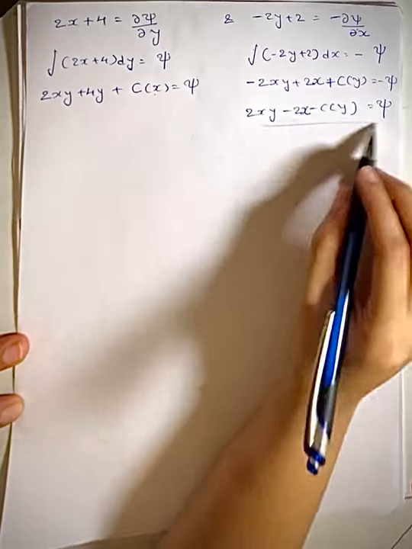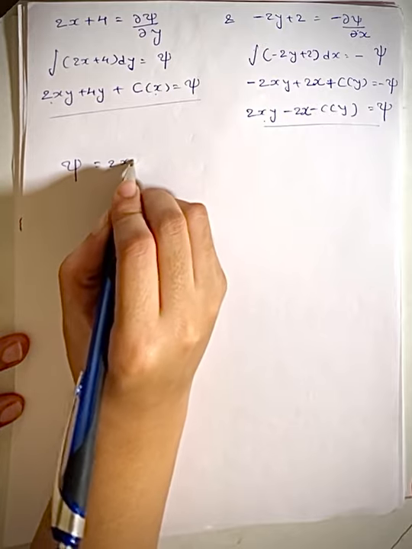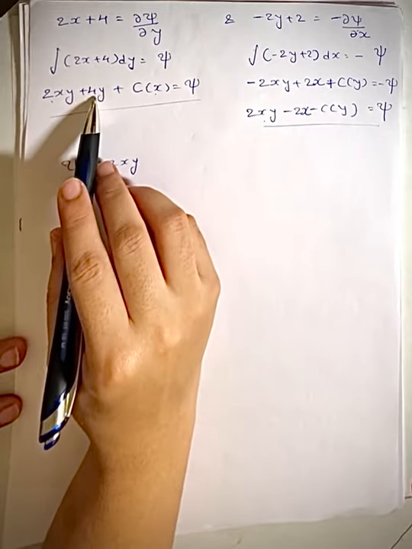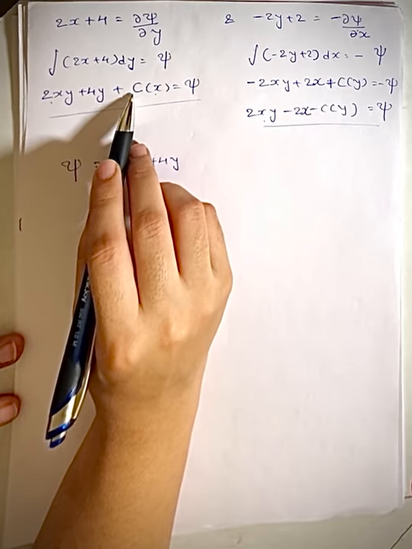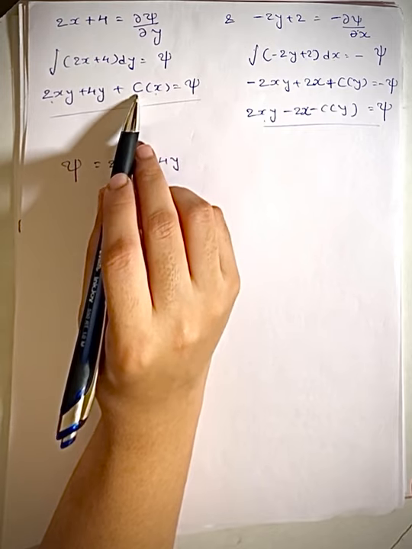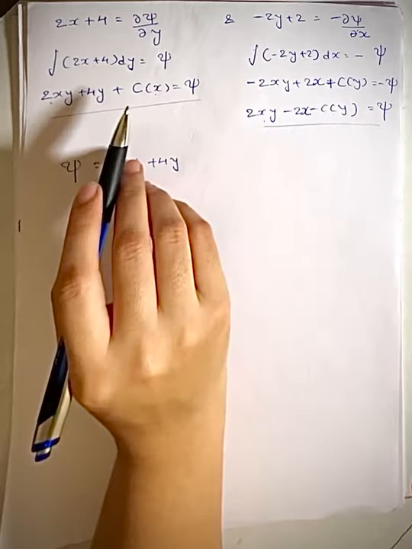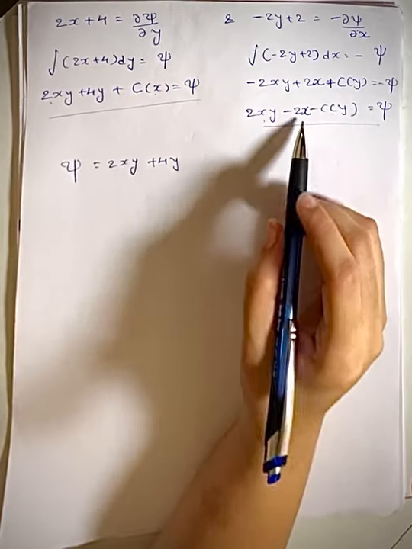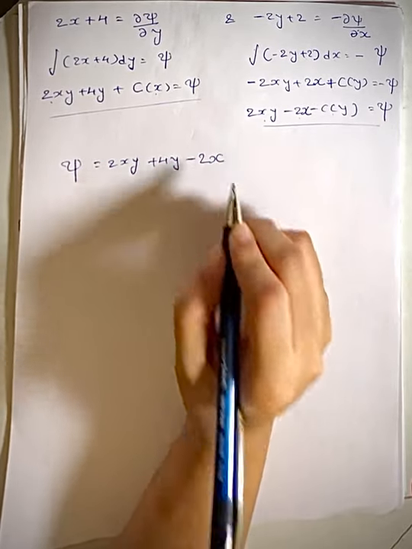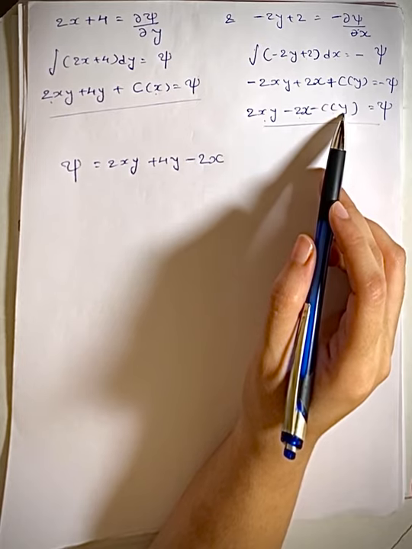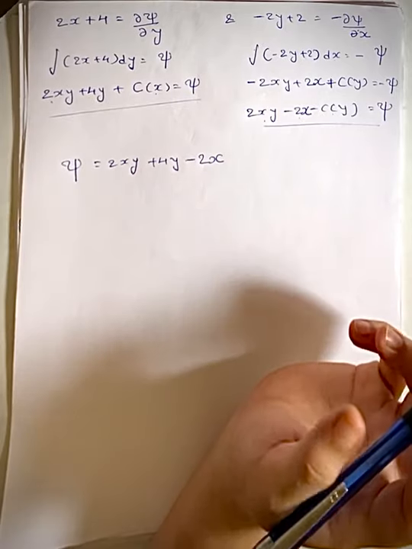So we combine these both results, then 2xy is common. Here we have 4y, and we had a constant, but I can't write it as a constant, it was some function of x, and here this is a function of y. The function of x was unknown, but here this is a function of pure x. So from here we knew that the function of pure x was 2x, and here we had some function of y, but from here we already knew what that function of y is.